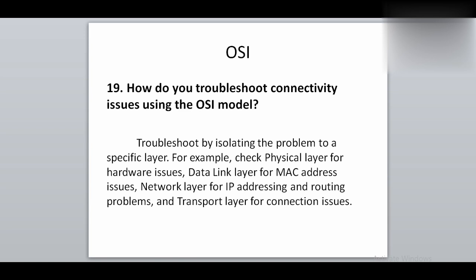In the data link layer, we check MAC address issues. In the network layer, we check IP addressing issues and also routing problems. In the transport layer, we check connection issues.